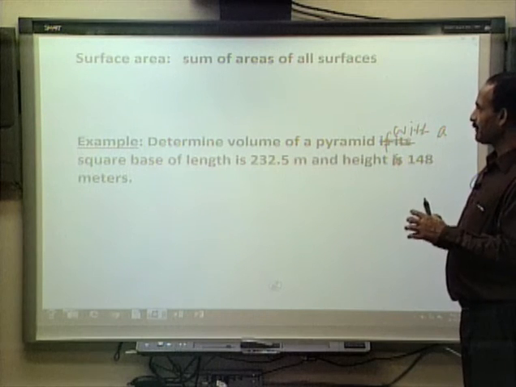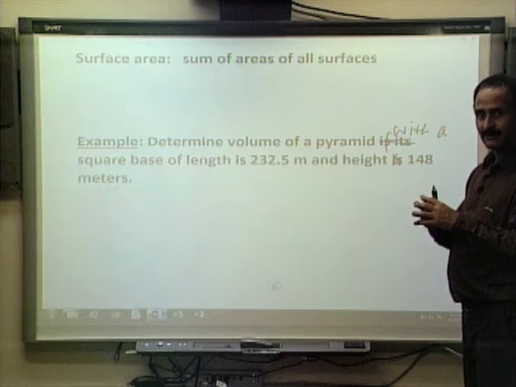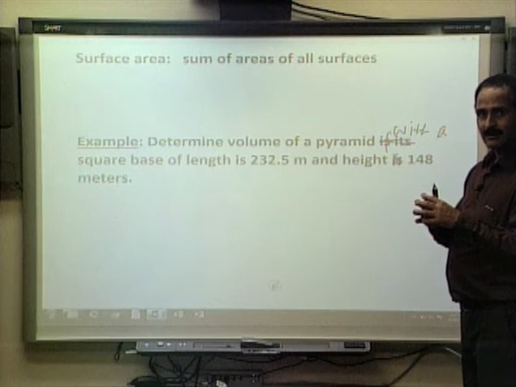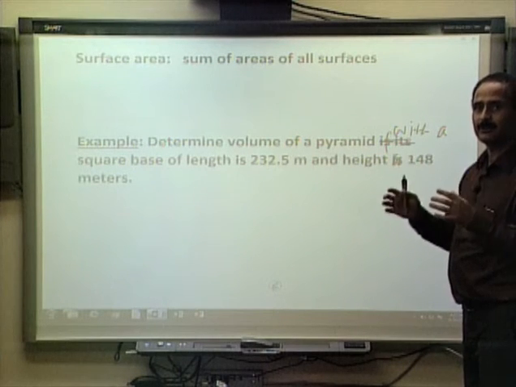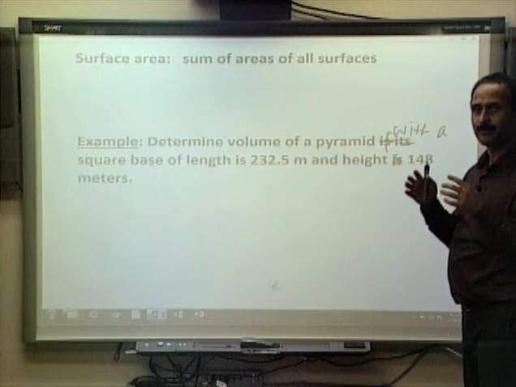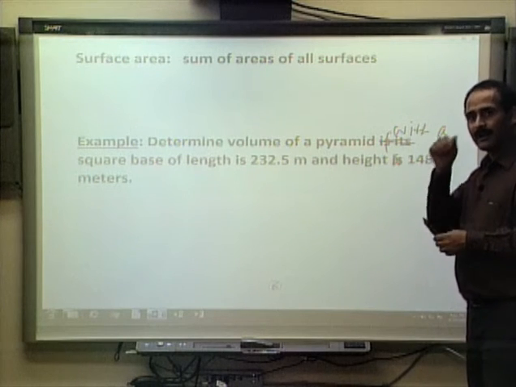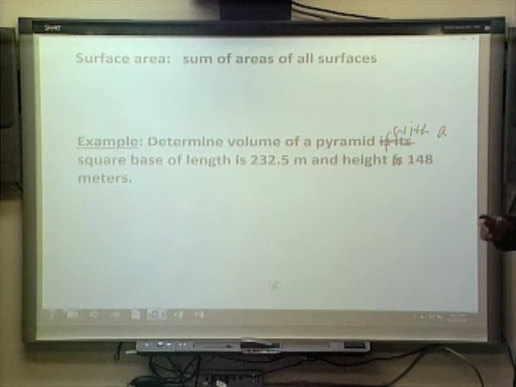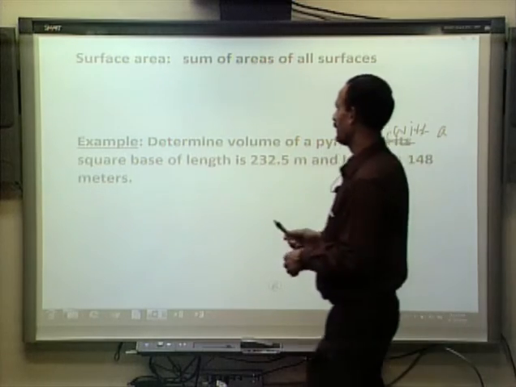So the base of the pyramid is a square of length 232.5 meters and the height is 148 meters.